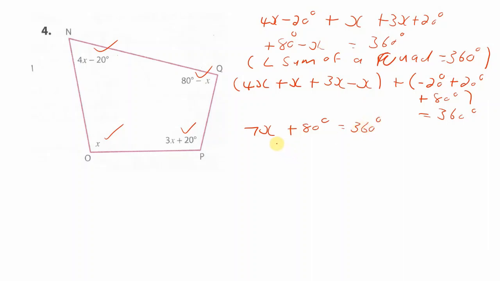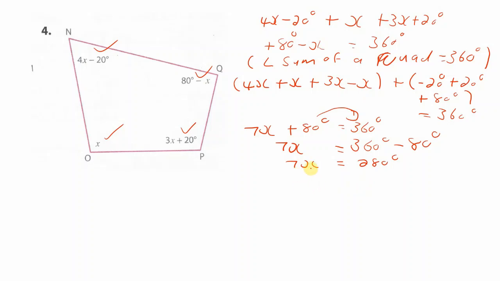Strategy: get the x on the one side, get the numbers on the other side. This plus 80 swims across the river and becomes negative 80 degrees. So 7x equals 360 degrees minus 80 degrees, which results in 280 degrees.